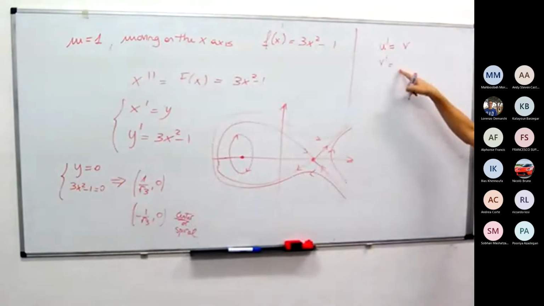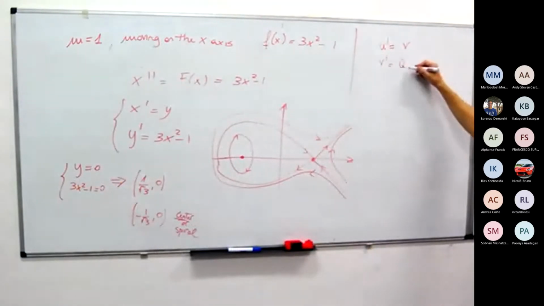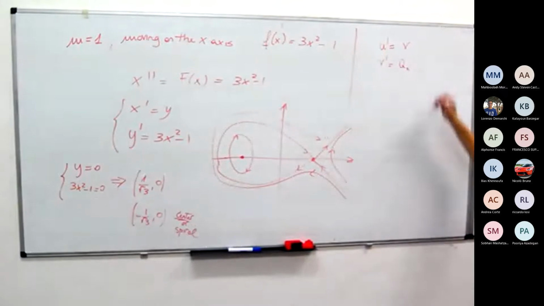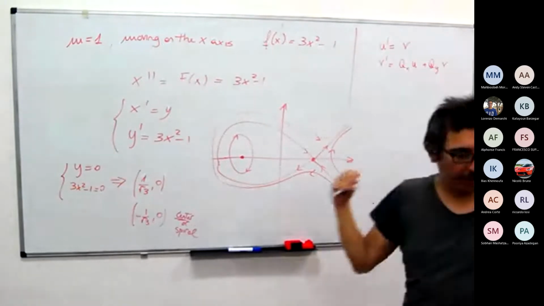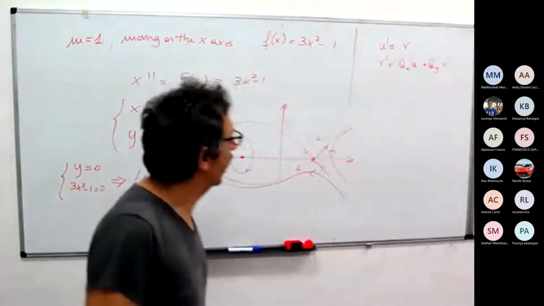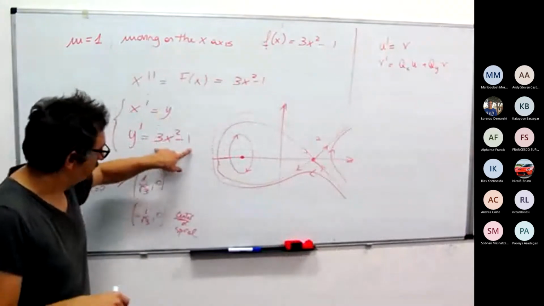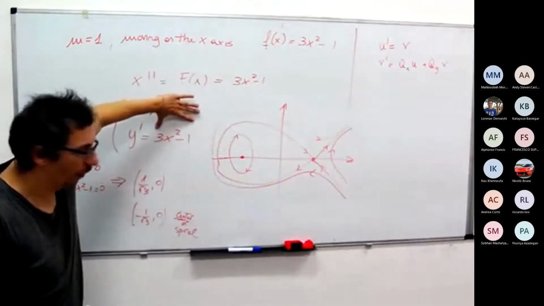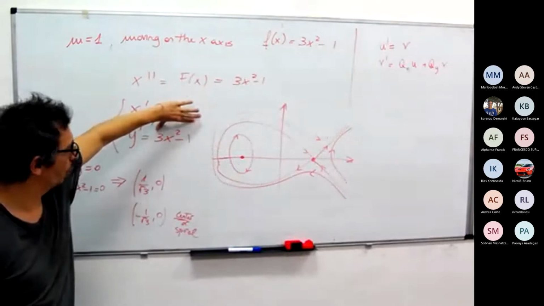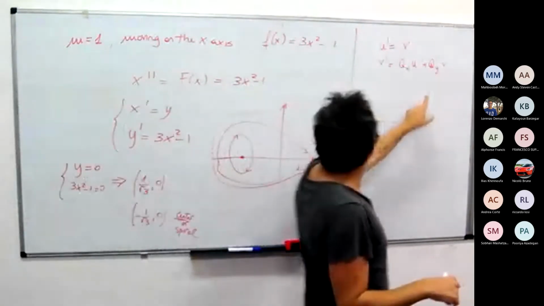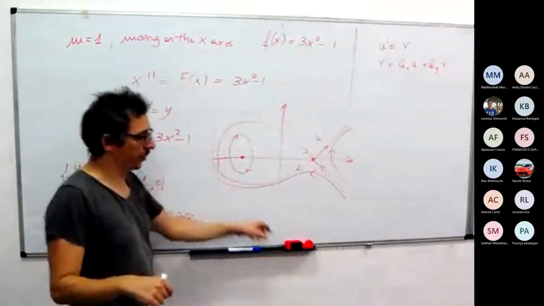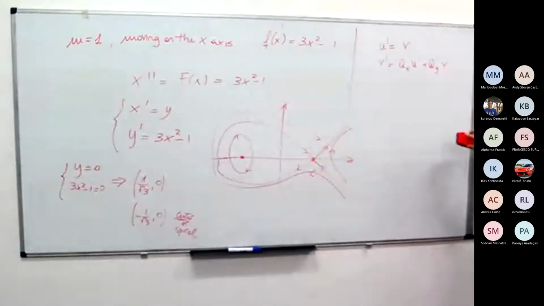What about the second equation? The second equation, here on the right hand side, I have the derivative of Q with respect to x times u plus the derivative of Q with respect to y times v. When I'm saying Q, I'm thinking about the notation that we were using yesterday. So Q is this function on the right hand side of this equation. The derivative with respect to y of this thing here is equal to 0 because y does not appear, and I can cancel this.